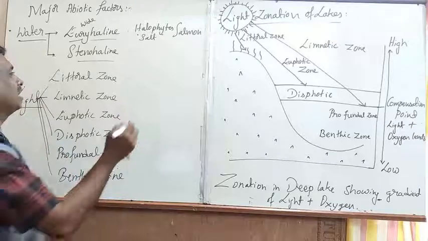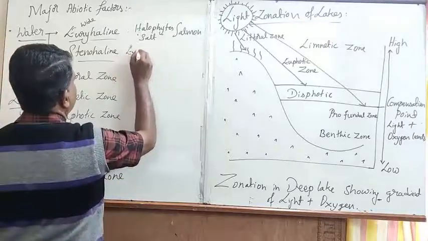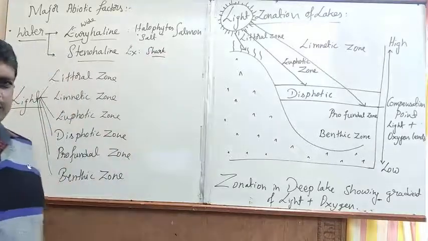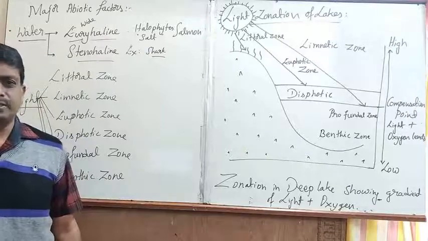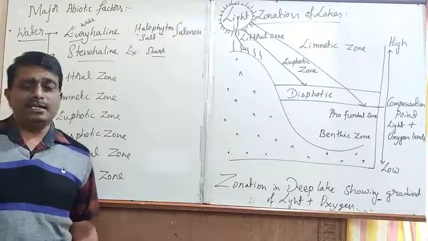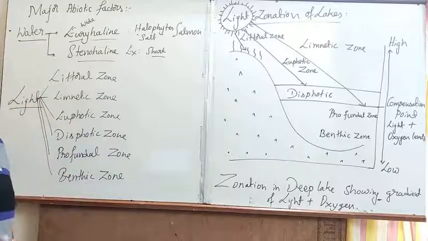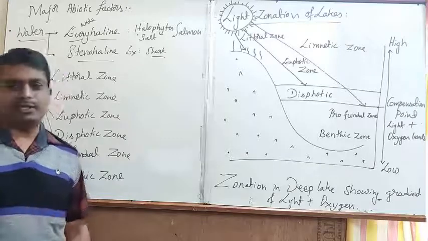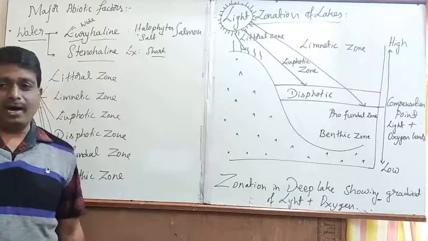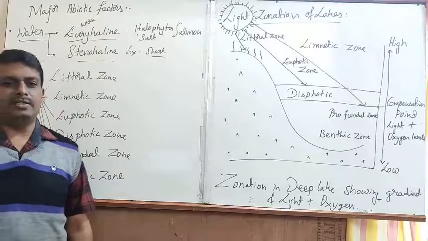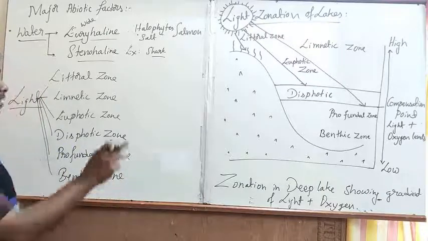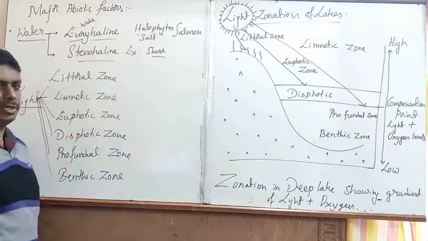One of the classical examples of stenohaline is the shark. It is naturally confined to the marine ecosystem. If it is placed in a freshwater ecosystem, either due to exosmosis or endosmosis, the organism is subjected to death. Many freshwater animals cannot survive in seawater.